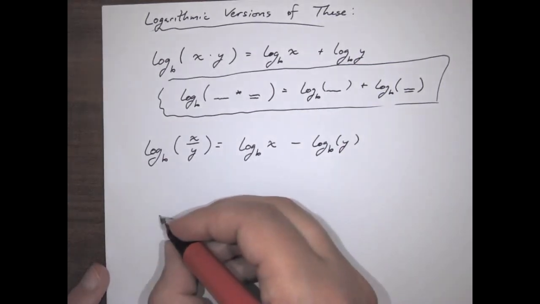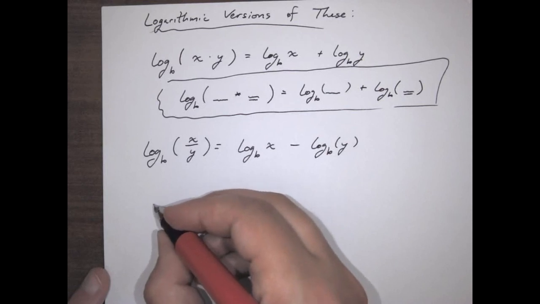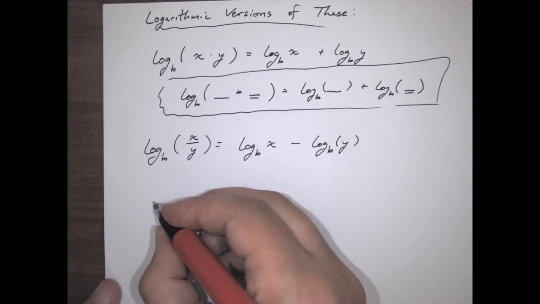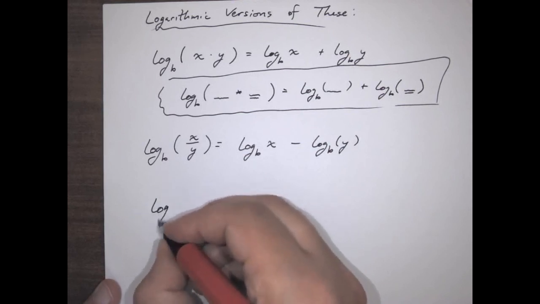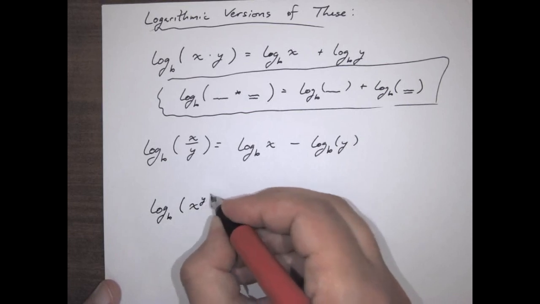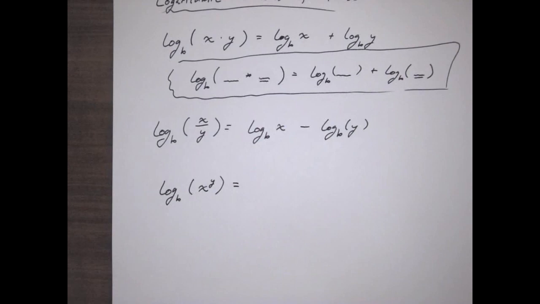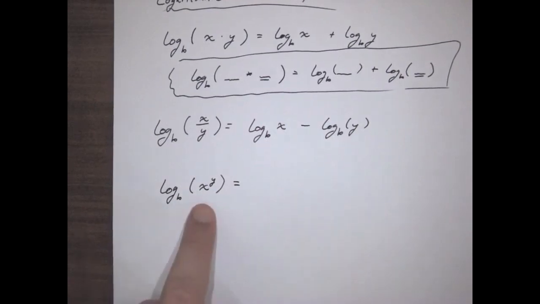Now, if we are talking about a power raised to a power, then the logarithmic equivalent of that is, if I took log base b of x to the power of y, then that's the same as saying x times x times x times x times x, y times in a row.